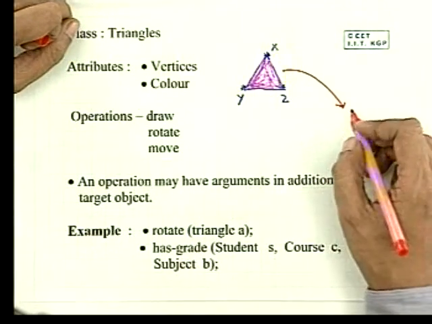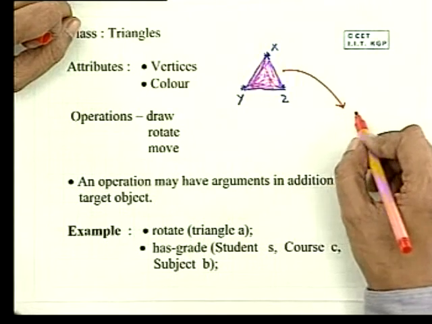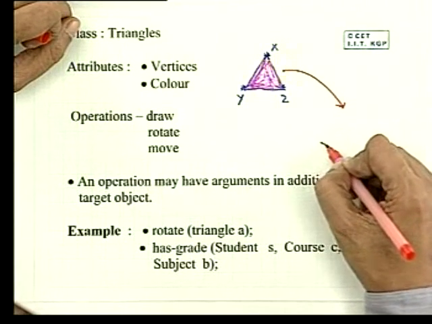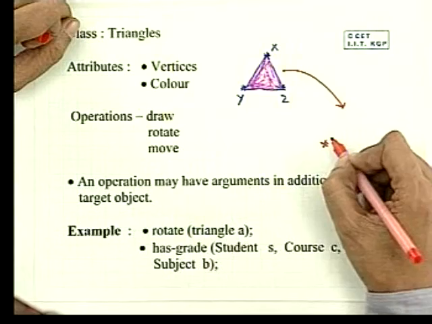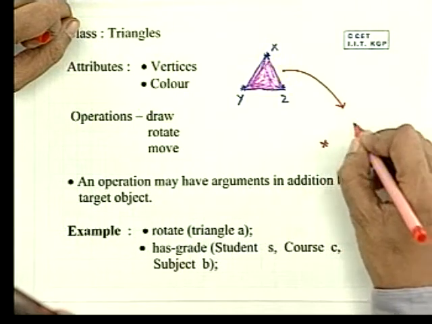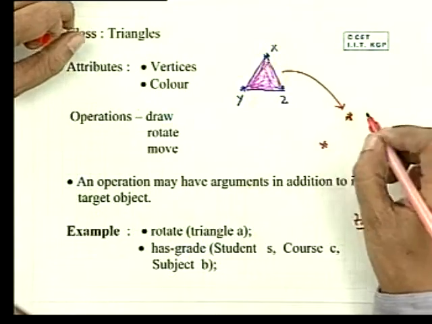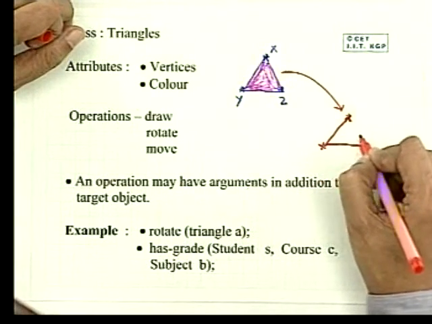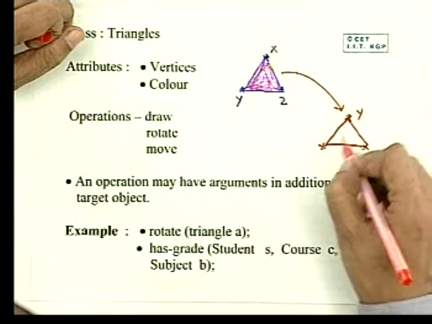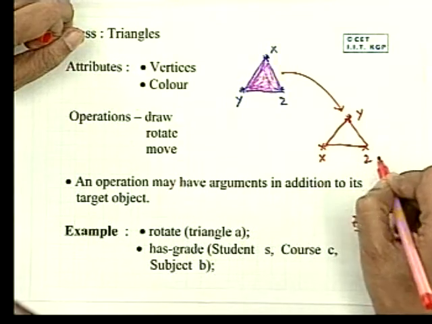Then we can rotate it by a certain angle, and we will have the triangle like this, with y, x and z.